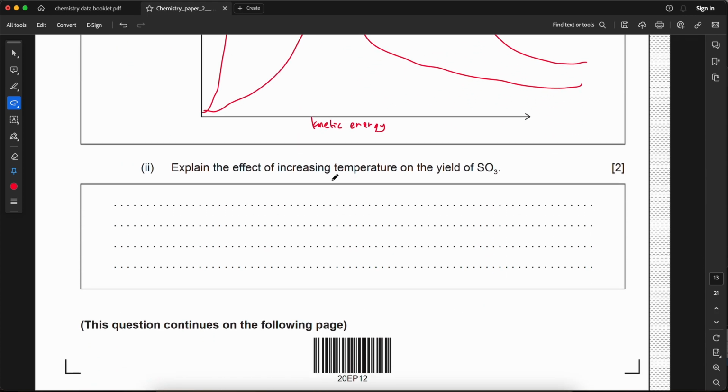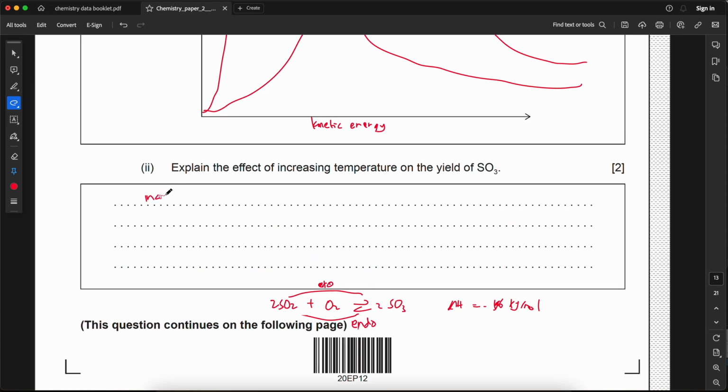Explain the effect of increasing temperature on the yield of SO3. So the reaction is 2SO2 plus O2 produces 2SO3, and the delta H is negative 196 kilojoule per mole. So the forward reaction is exothermic and the reverse is endothermic.